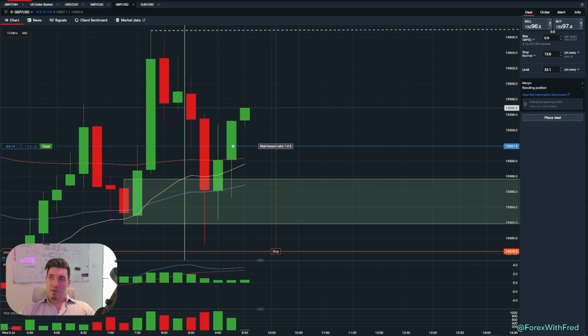Oh, there we go. Okay, good push into the upside. Keep it going. Let's not get too excited. We still need to break that higher high.